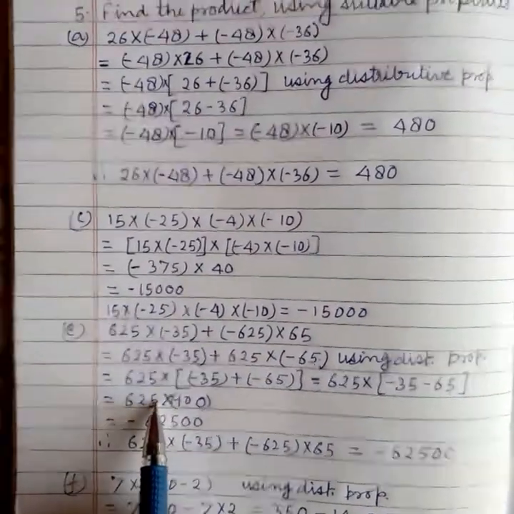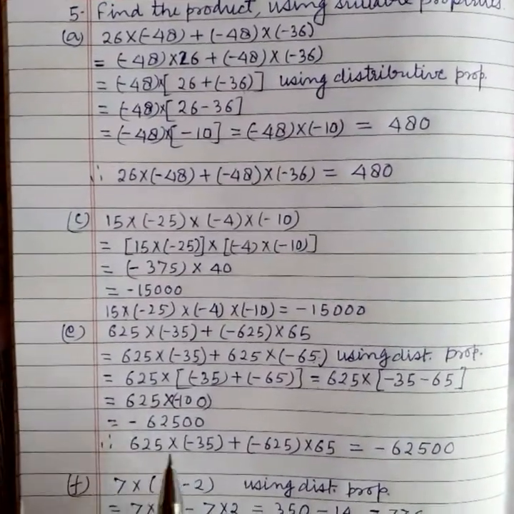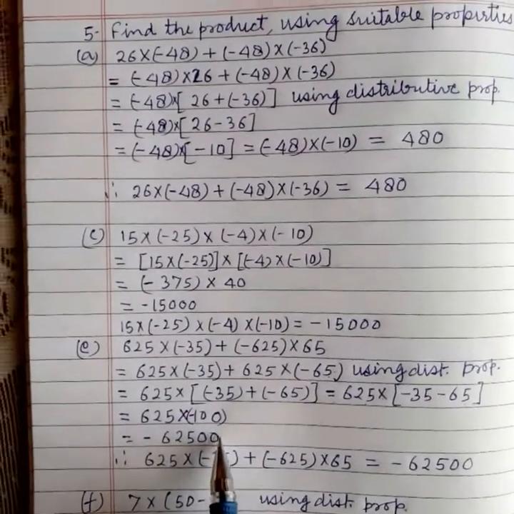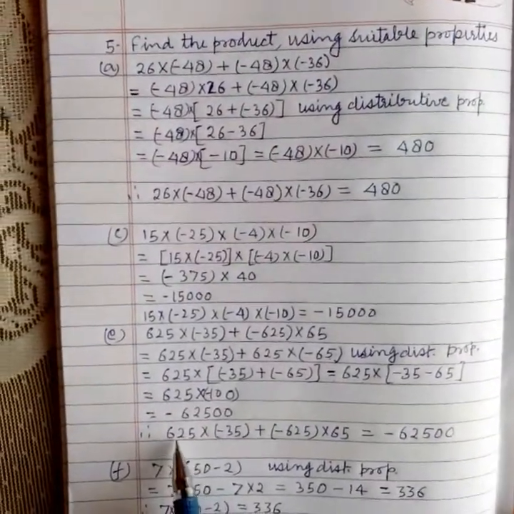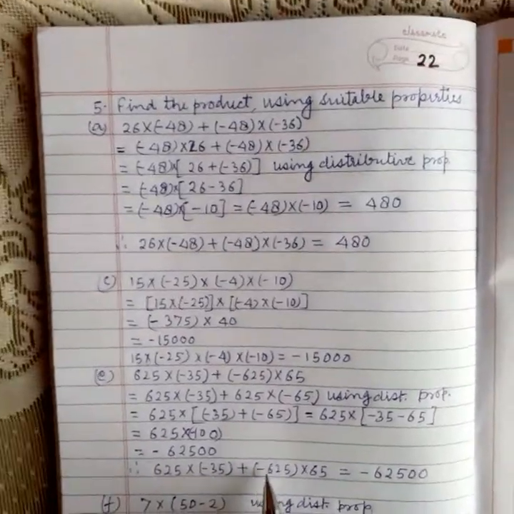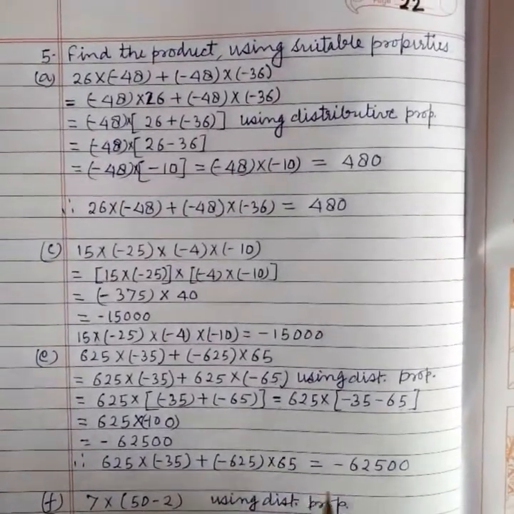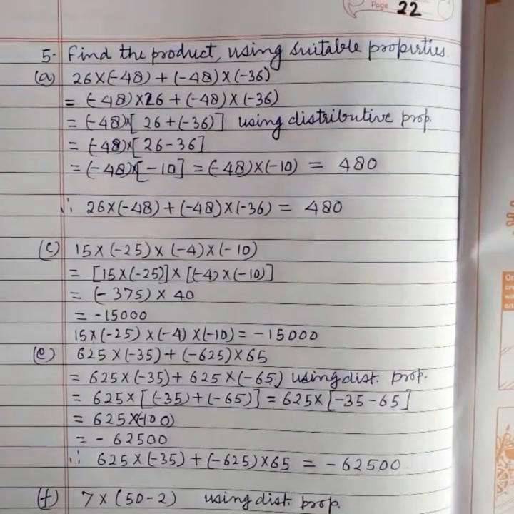Now 625 into minus 100 is equal to minus 62,500. Therefore the value of 625 into minus 35 plus minus 625 into 65 is equal to minus 62,500.